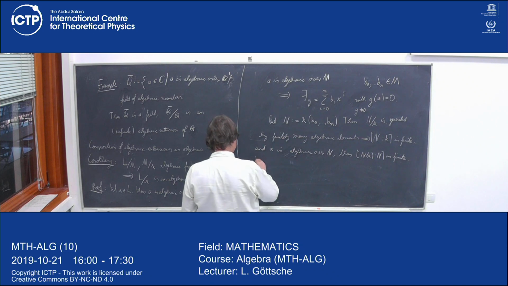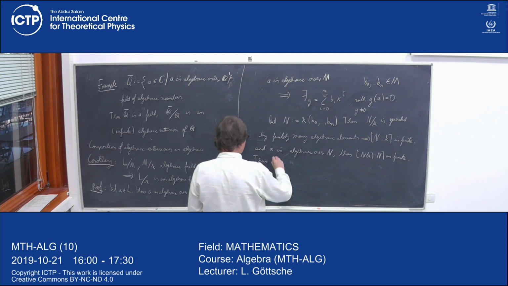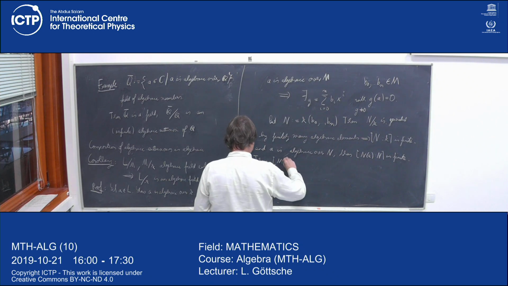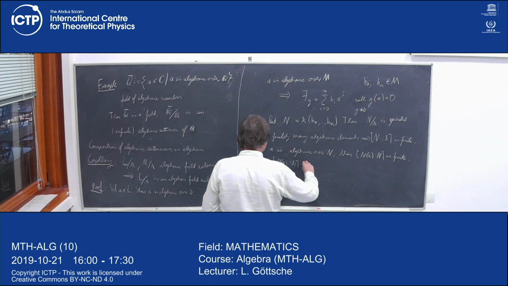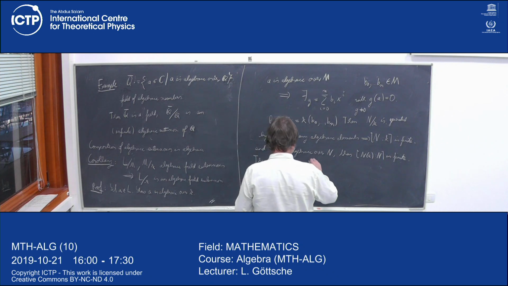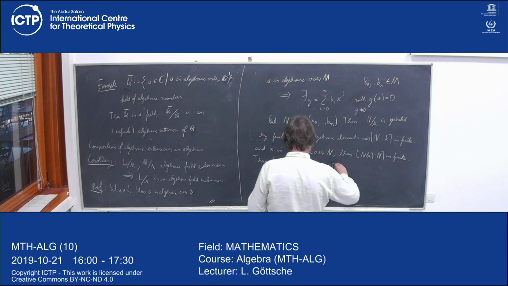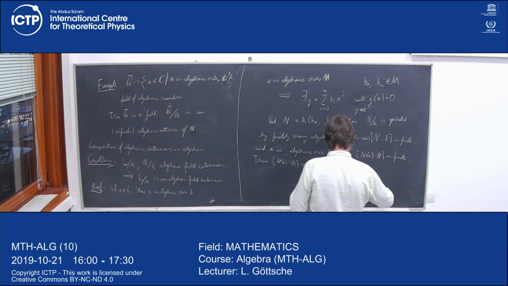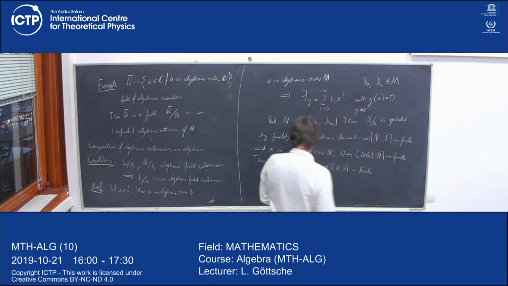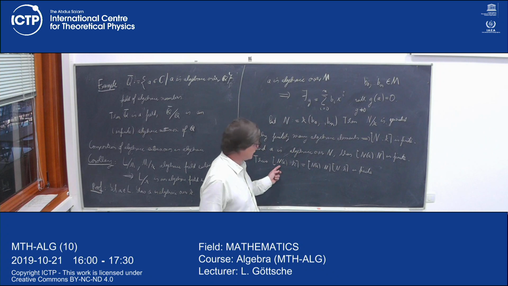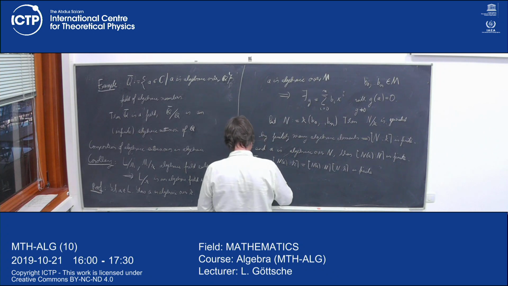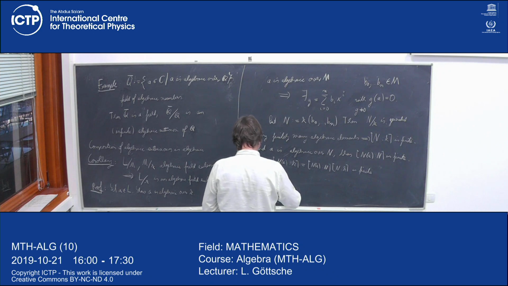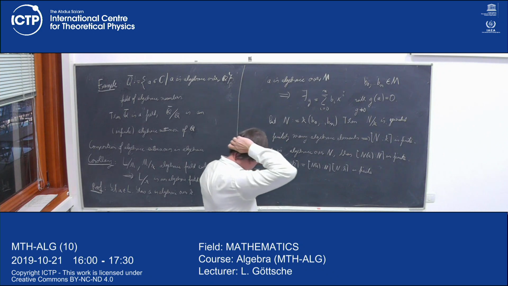So thus the degree of N(A) over K is equal to the degree of N(A) over N times the degree of N over K, which is finite. And it follows therefore that every element of N(A) is algebraic over K by using our theorem again.